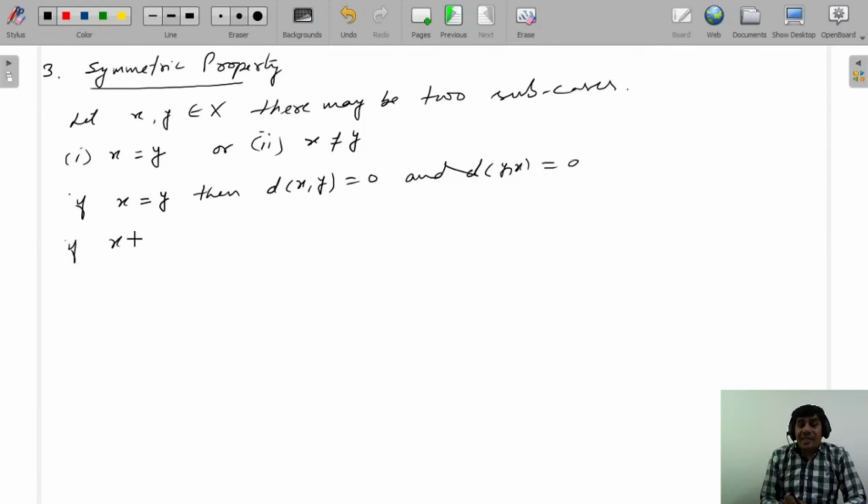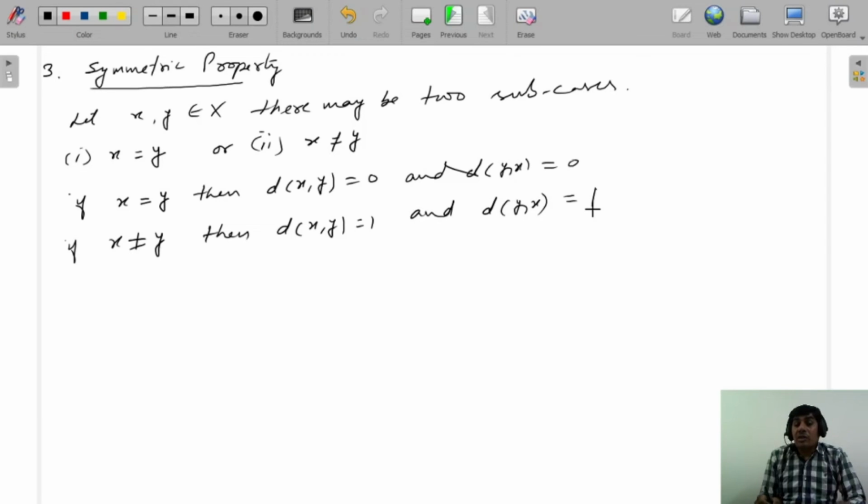If x does not equal y, then dxy is equal to 1 and dyx is also equal to 1, because x and y are not equal.